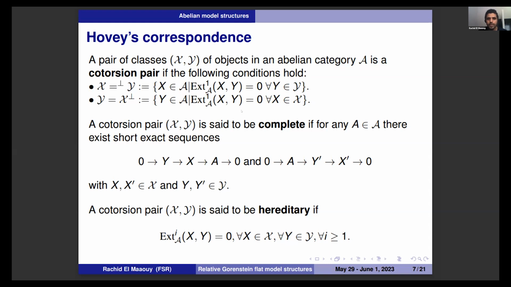And this cotorsion pair is called complete if for any object A in the category that we work in, we can find two short exact sequences of the following form. And the final notion is the hereditary property. A cotorsion pair is called hereditary if the classes X and Y are orthogonal not only for the first Ext, but for all of them starting from 1.